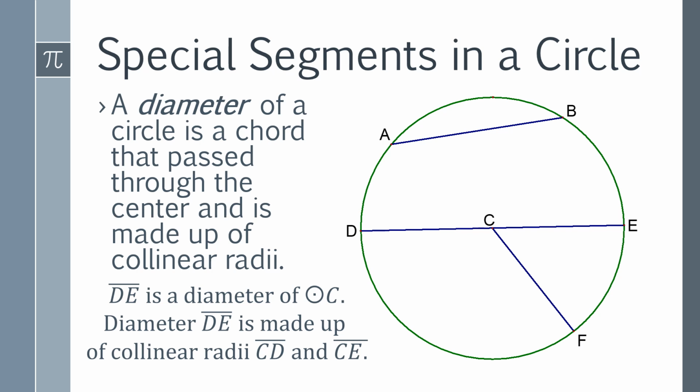So segment DE is a diameter of circle C. The diameter segment DE is made up of collinear radii, segment CD and segment CE.